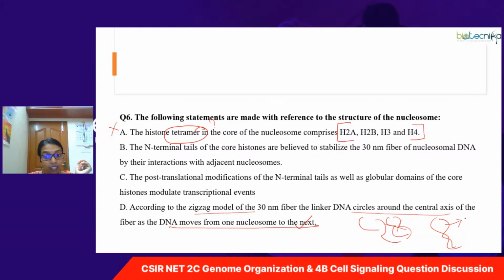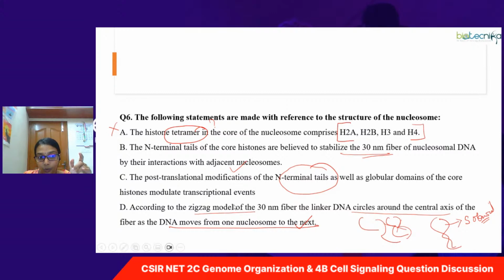This becomes your solenoid model, which I had shown you earlier. So obviously this statement is incorrect. And obviously the post-translational modifications of the N-terminal tail are responsible for a lot of changes. Then N-terminal tails are believed to stabilize the 30 nanometer fiber by interacting with adjacent nucleosomes as well. That is also possible, right? So that's the reason B and C are correct statements.